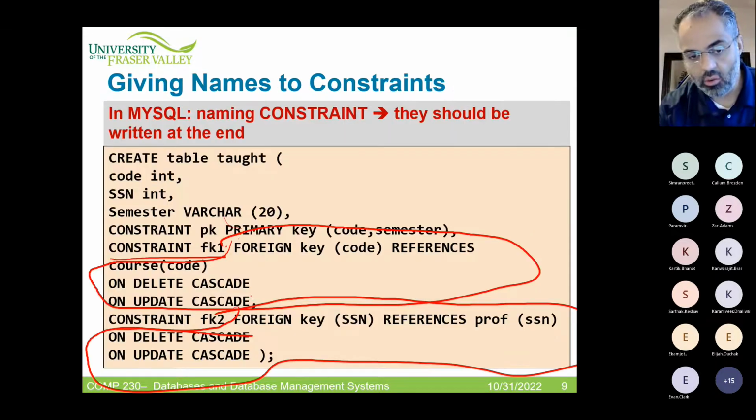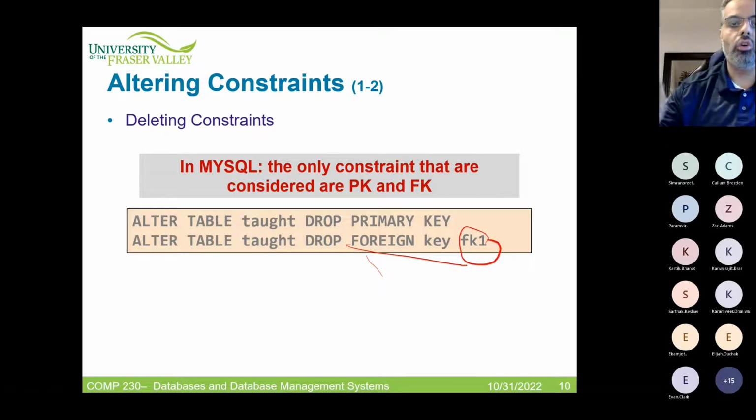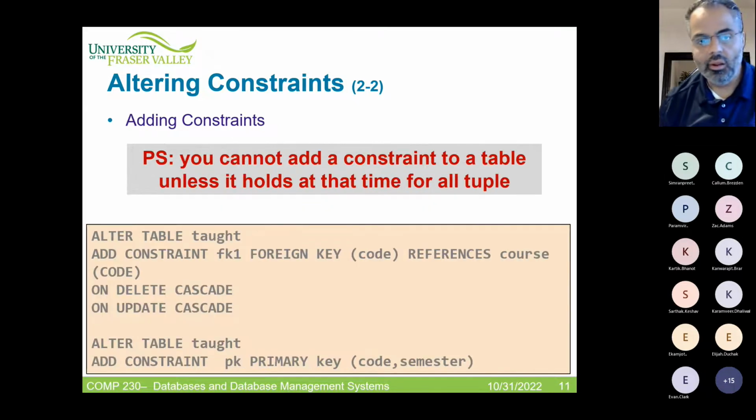So this is why, especially when I have more than one foreign key, it's better to give this constraint a name. So I say, okay, go ahead, drop foreign key, fk constraint. So not only dropping the foreign key, but deleting the whole constraint, which is on update, on delete, whatever it is. So this is another way.